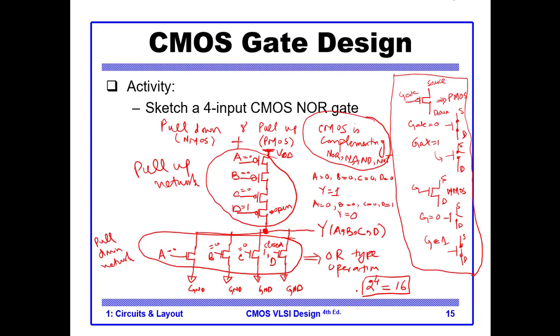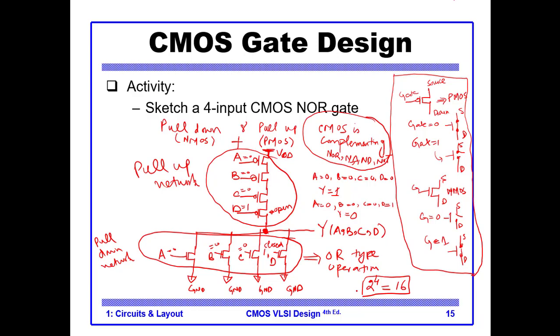So, things to remember. We use a pull-down network, which consists of NMOS gates, and we use a pull-up network, which consists of PMOS gates. It is called pull-up because it is connected to VDD, and it is called pull-down because it is connected to ground.